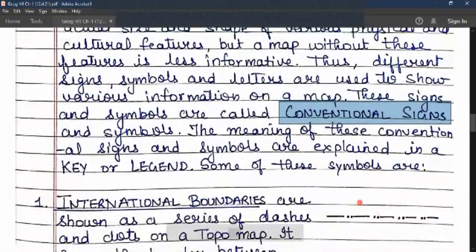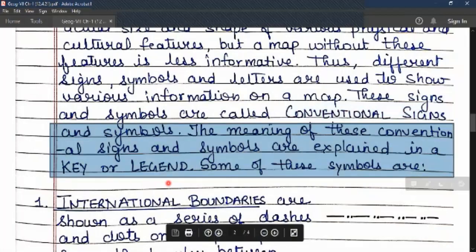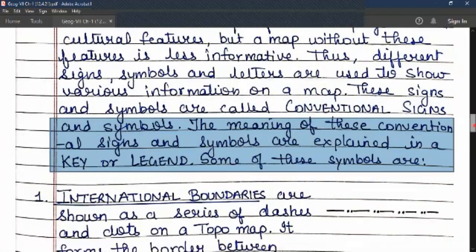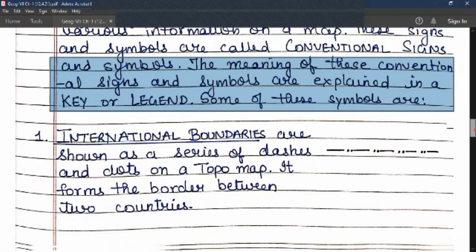The meaning of these conventional signs and symbols are explained in a key or legend. I hope you understand that. The key or legend explains the meaning of those signs and symbols. So students, here we are going to discuss some of those conventional signs and symbols.